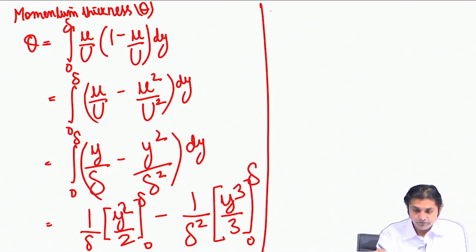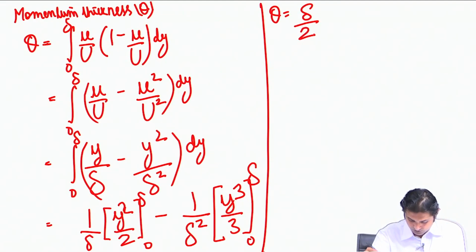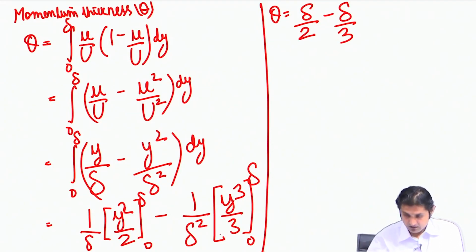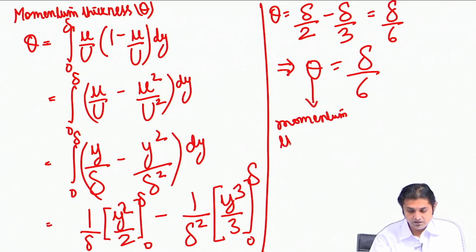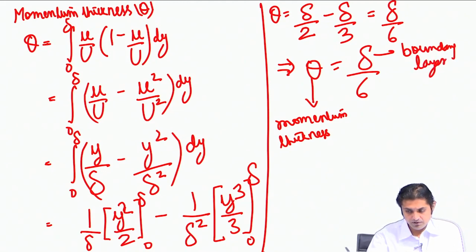So, momentum thickness theta can be written as delta by 2 minus delta by 3, which is equal to delta by 6. So this is the momentum thickness.